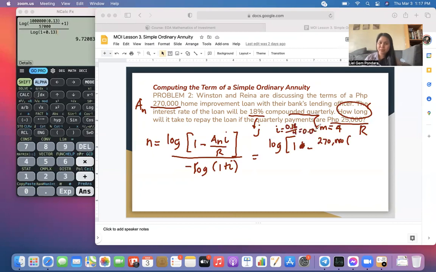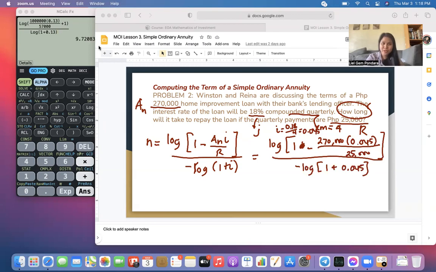Very good. That's 0.18 divided by 4. So times 0.045, all over 25,000, over negative log times 1 plus I.